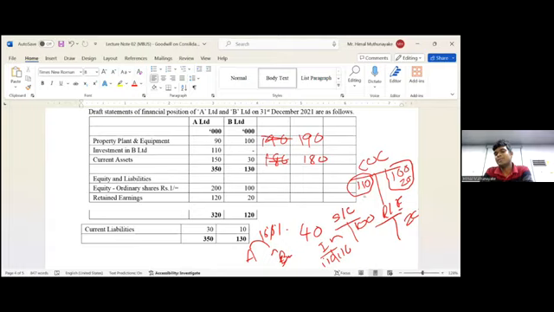That means I'm having an income, the gain on bargain purchase. Therefore, I need to incorporate this under other income in the P&L. That means at the end of the day, that other income balance will come to the retained earnings. So I need to add this 10 to the retained earnings balance. Then my retained earnings will be 130, the share capital will be 200, and this is 40. This will balance to 370.